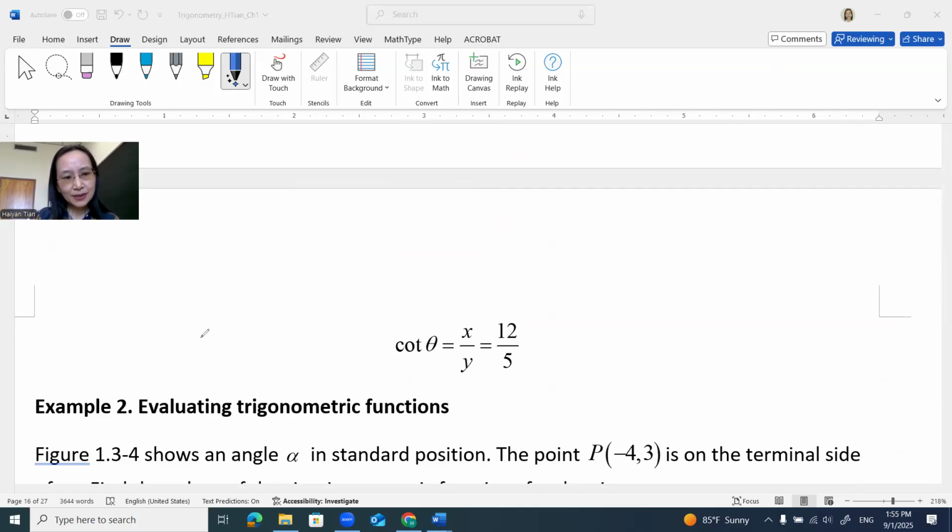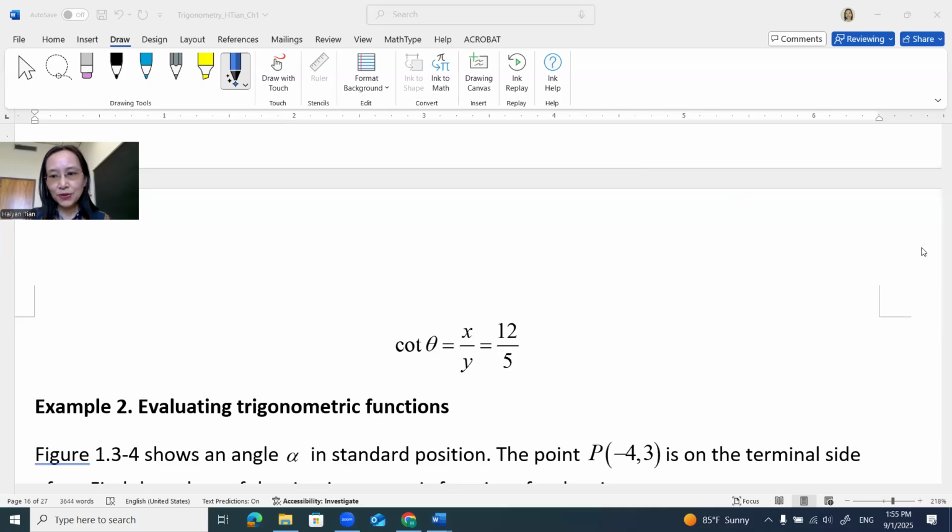So for this angle that is in the first quadrant, we see that x, y must be positive because the terminal side of the angle is in the first quadrant. So a point on the terminal side must have positive x, y coordinates.